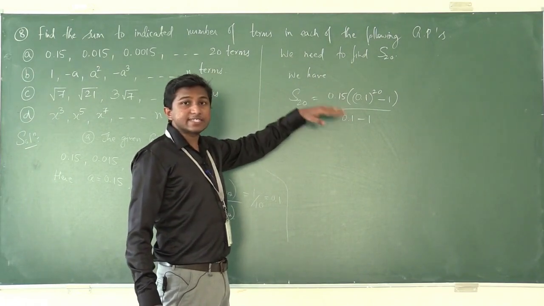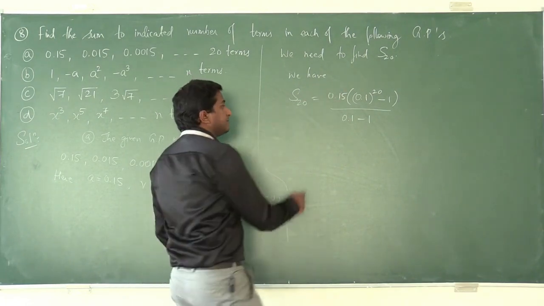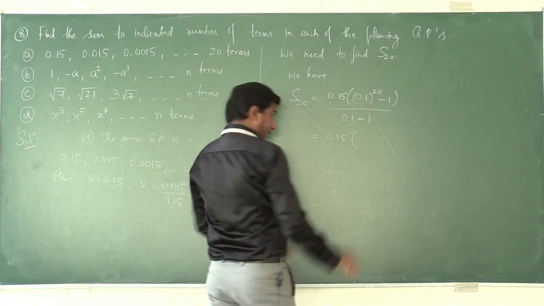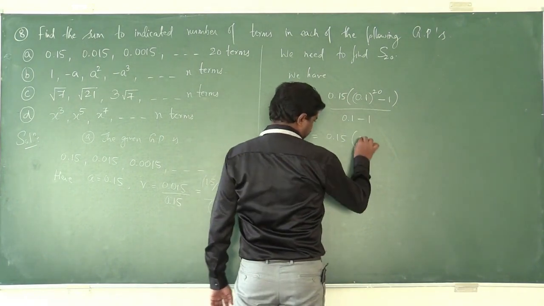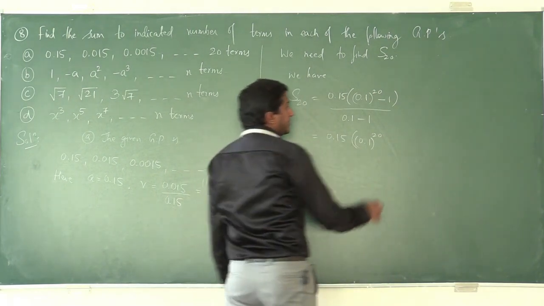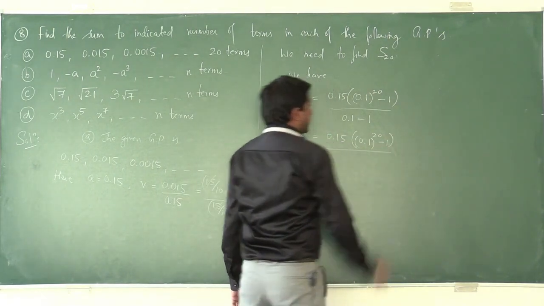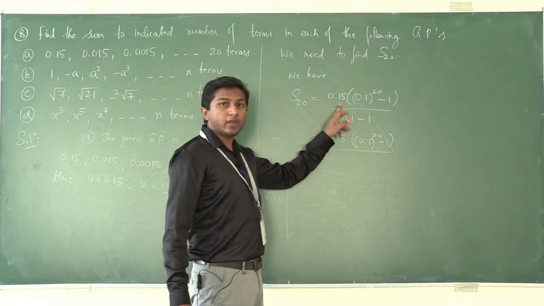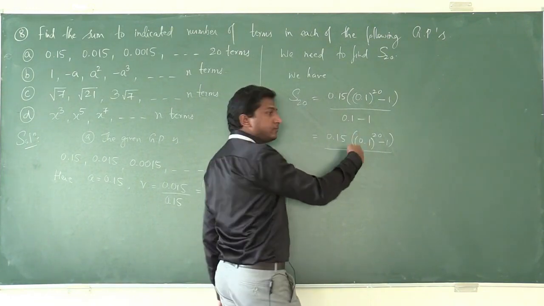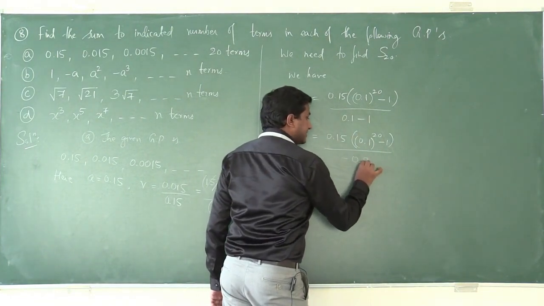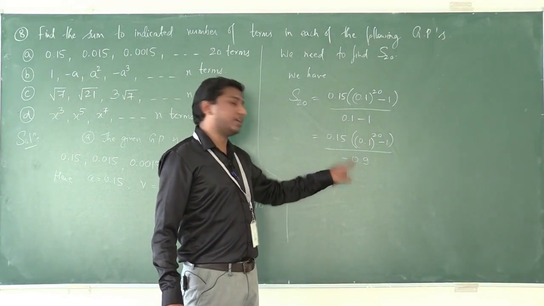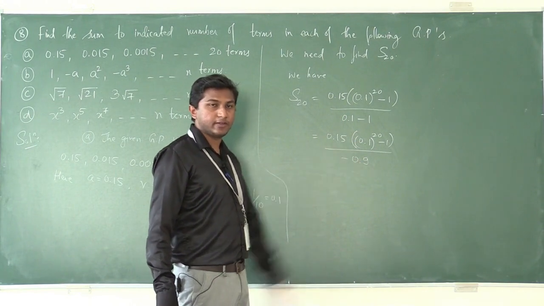We can further simplify this RHS. How can I do that? 0.15 I'll write as it is. Then we have 0.1 power 20 minus 1 divided by 0.1 minus 1. What is the value of 0.1 minus 1? It is minus 0.9.